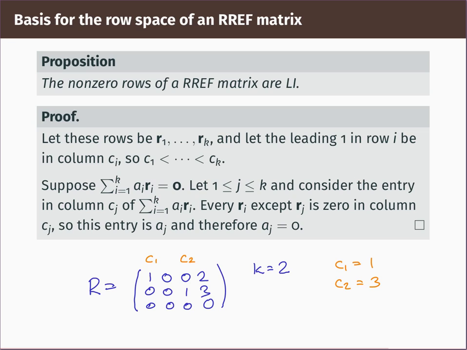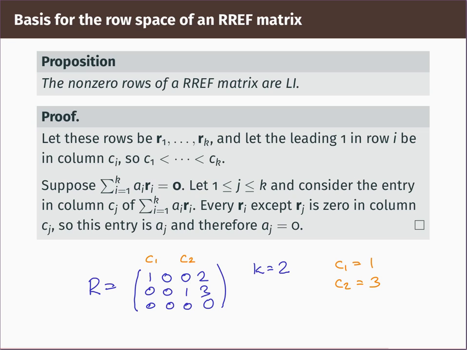Every Ri except Rj must be 0 in column Cj. That's part of the definition of row-reduced echelon form. So the only thing in that entry of the sum is aj times 1, which is aj.